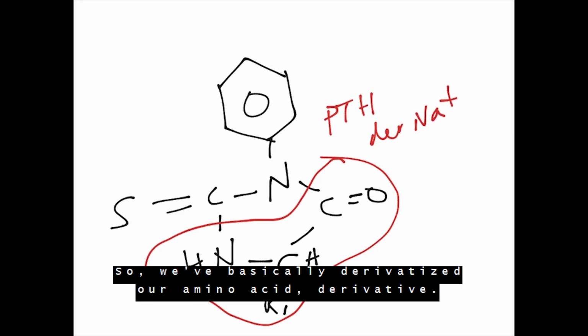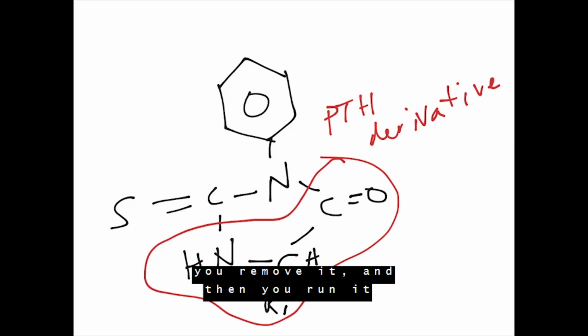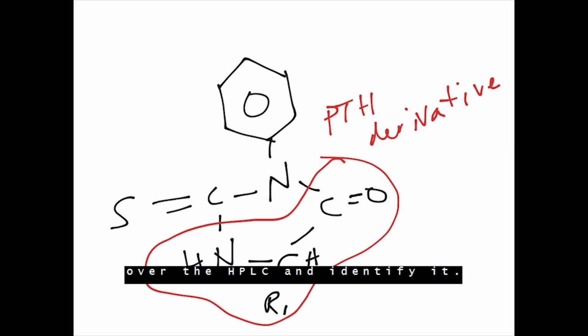So we've basically derivatized our amino acid. And then we'll basically identify this by HPLC. And so the way this works is that you label it, you remove it, and then you run it over the HPLC and identify it. And then you repeat the process.